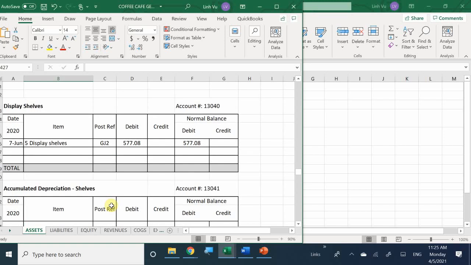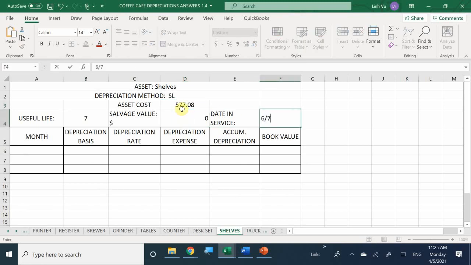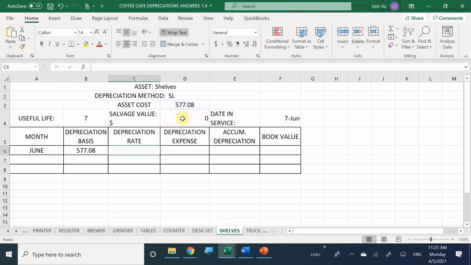June 7th for 577.08. June depreciation basis is going to be the 577 minus salvage, with 1/7.